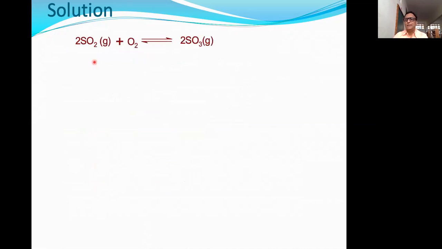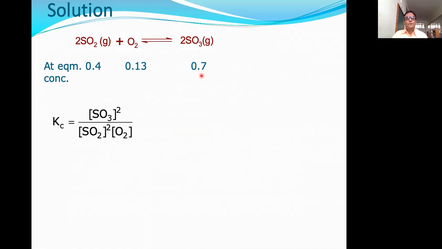Now we have been given this reaction: 2SO2 gaseous plus O2 gaseous gives 2SO3 gaseous. At equilibrium, the concentrations are 0.4, 0.13, and that of SO3 is 0.7. Now we can write the expression for Kc for this reaction as Kc equal to concentration of SO3 raised to 2, that is square, divided by concentration of SO2 raised to 2 into concentration of O2.